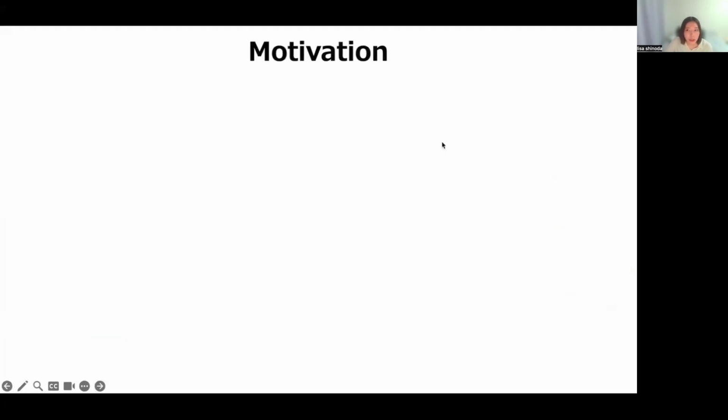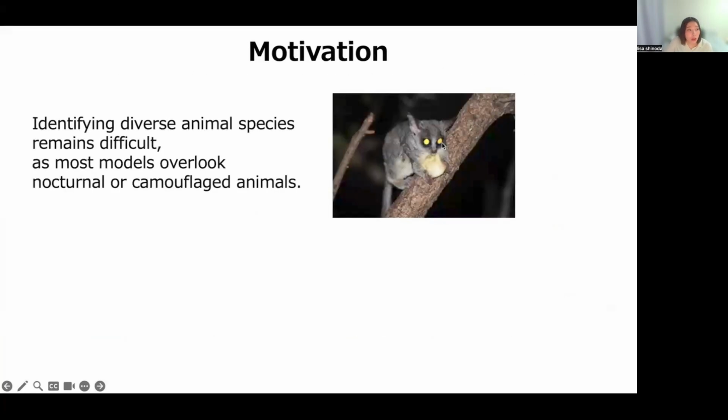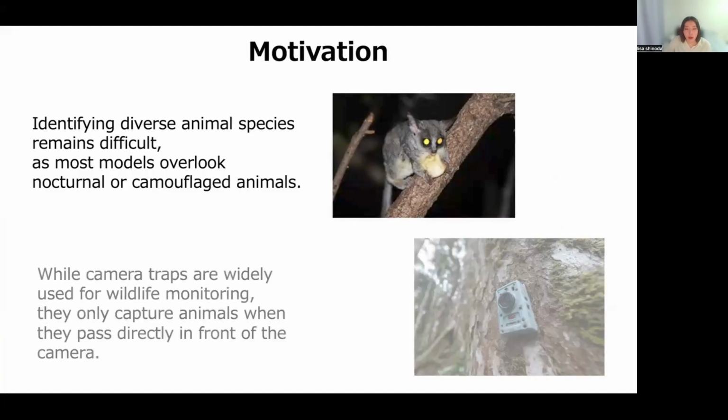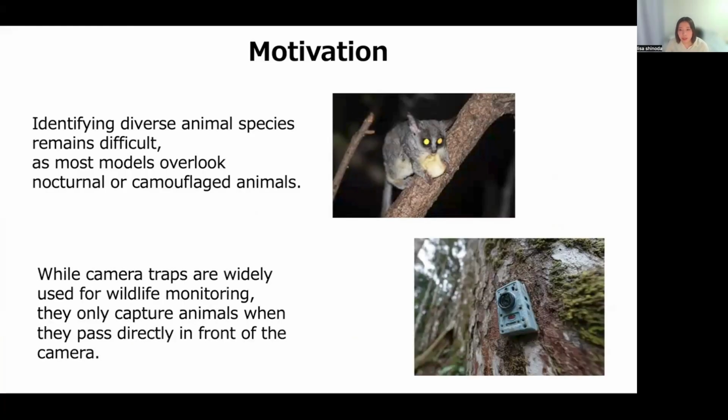Here is our motivation. Identifying diverse animal species remains difficult as most models overlook nocturnal or camouflaged animals. While camera traps are widely used for wildlife monitoring, they only capture animals when they pass directly in front of the camera.